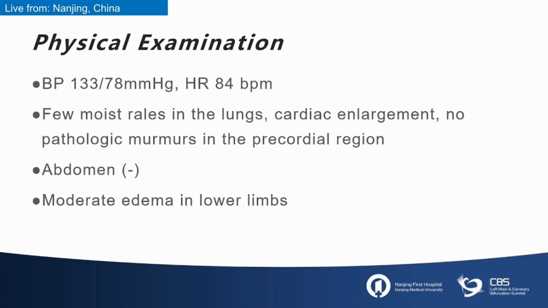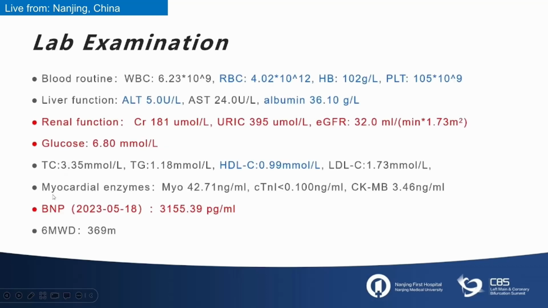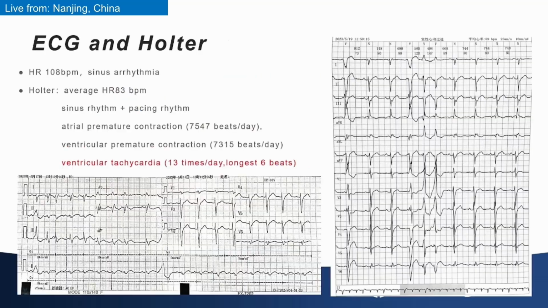The physical examination on admission revealed a few moist rales in the lungs, cardiac enlargement, and moderate edema in the lower limbs. The laboratory examination after admission shows that the patient has renal dysfunction, his eGFR is only 32 milliliters per minute, and his BNP is remarkably elevated.